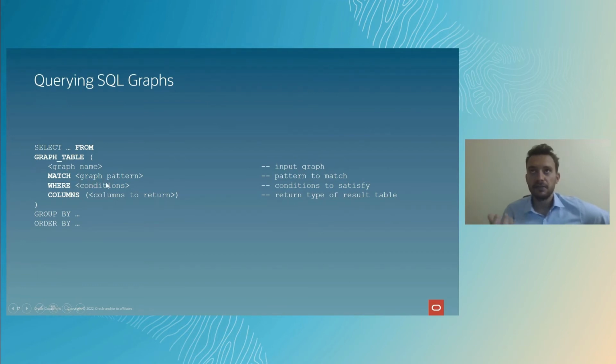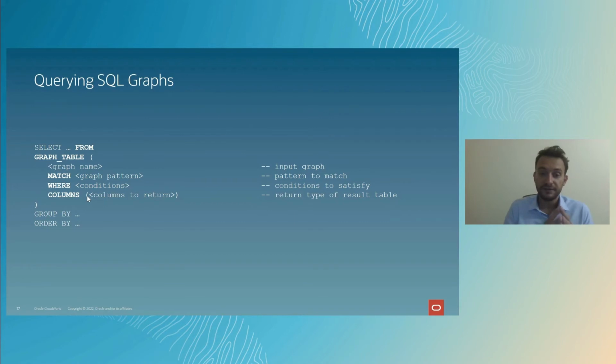You can think about it as the shape of paths you want to find in the graph, a set of conditions, basically, those can be conditions on vertex or edge properties, and then a columns clause where you actually specify from every vertex and every edge what you want to project out.